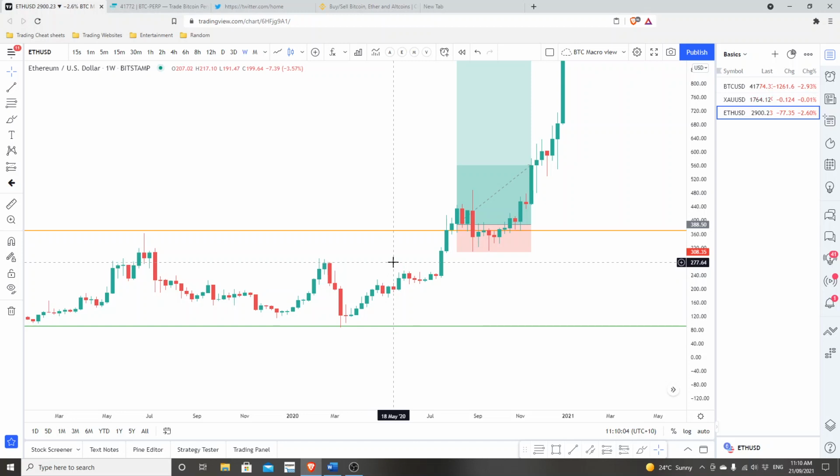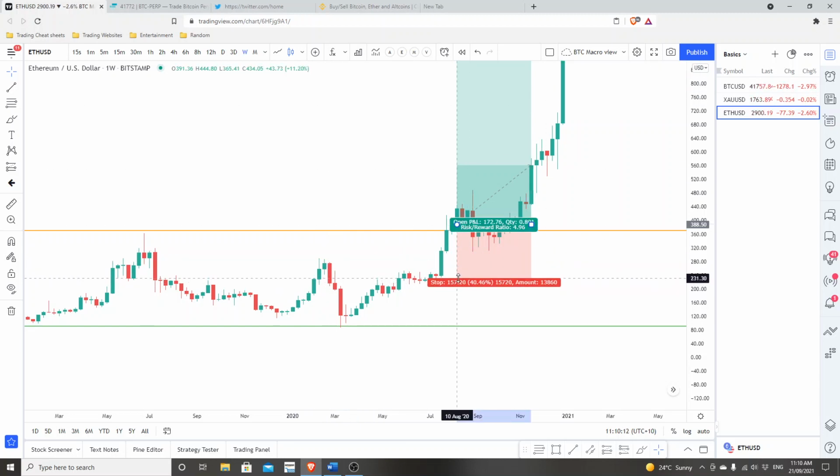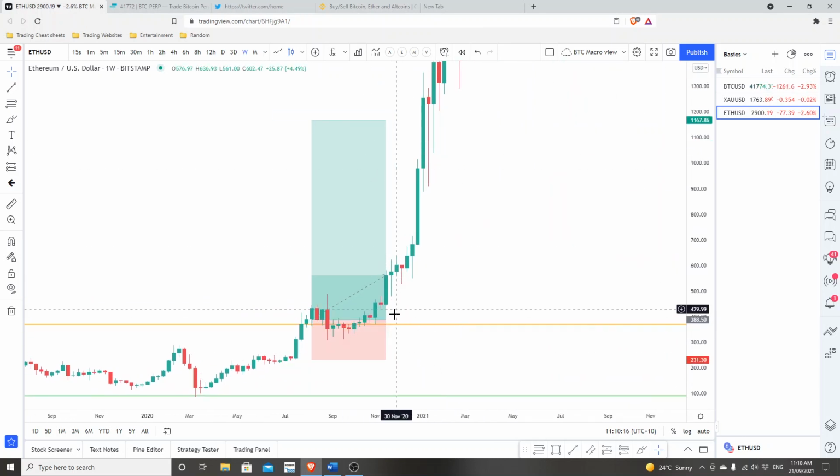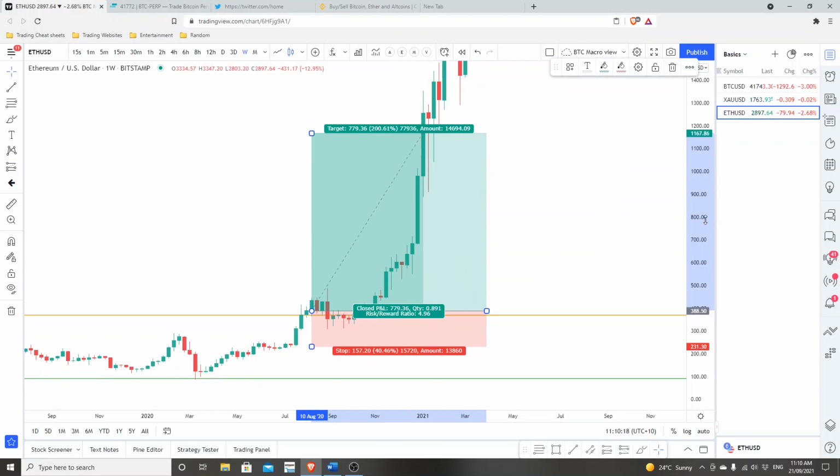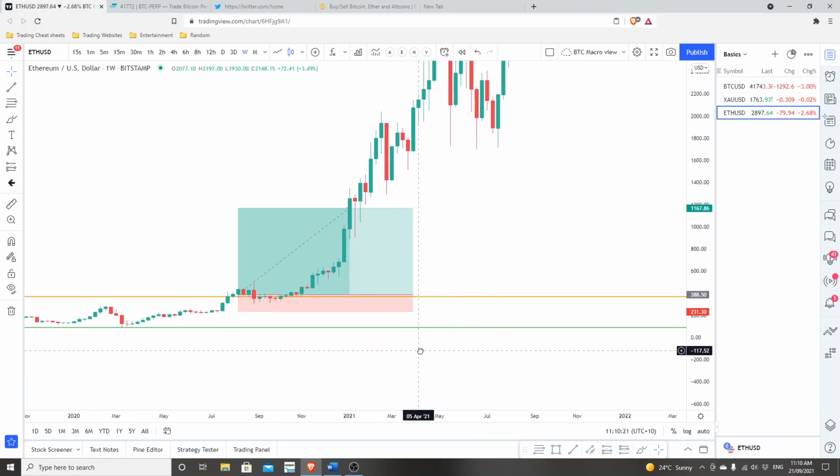So what I've been taught is the previous swing high before going out, you want the thrust candle below that. And it hasn't topped out since.